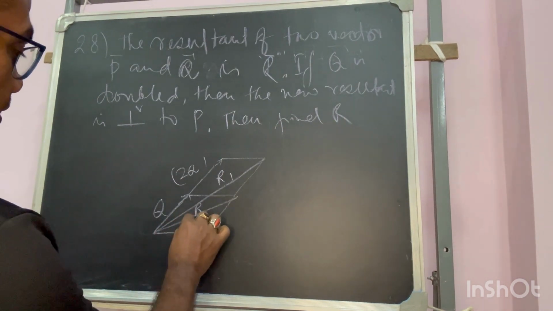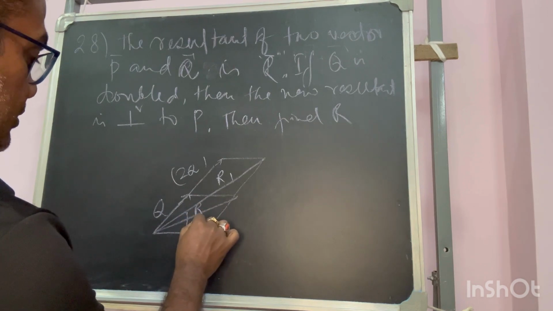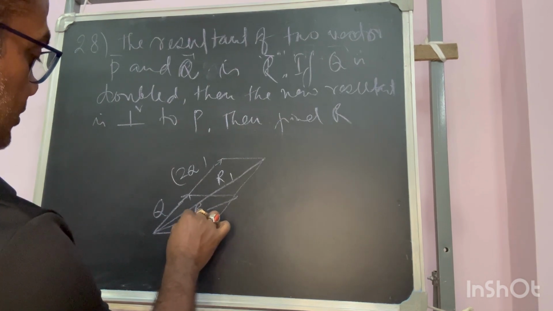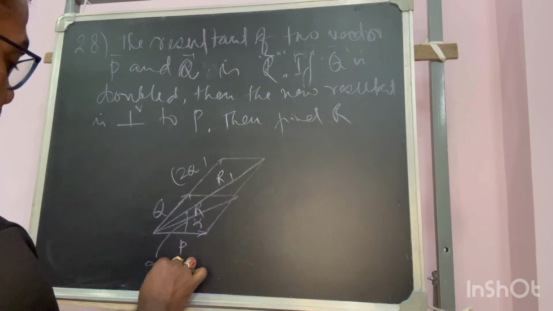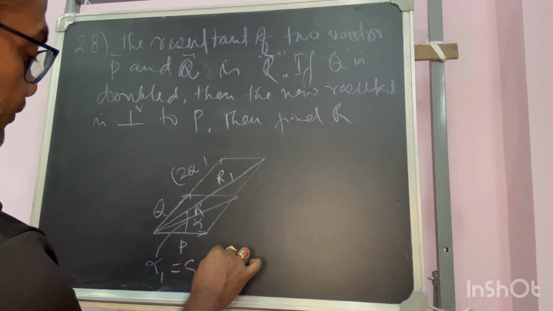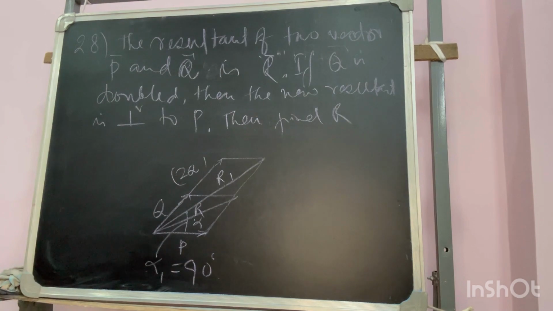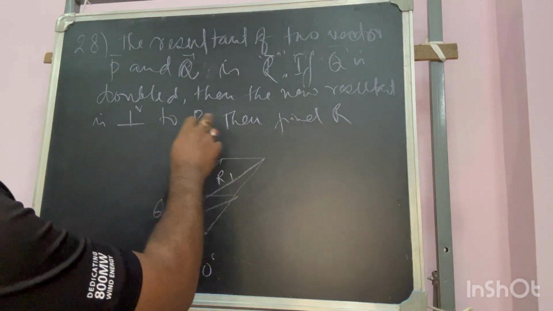Now this angle, as the initial alpha, this new angle is alpha 1, and alpha 1 is 90 degrees. It is saying 90 degrees, so that means it is perpendicular.